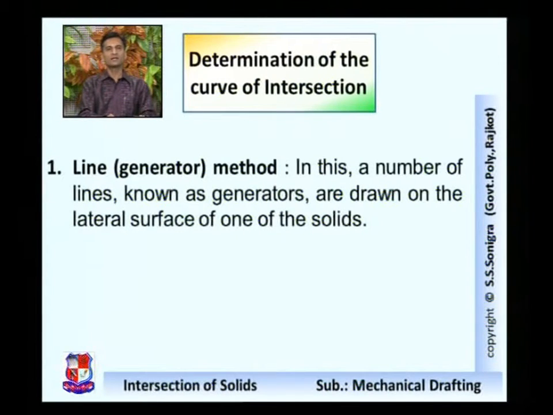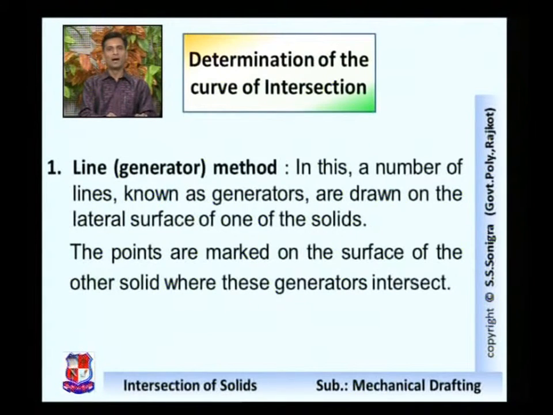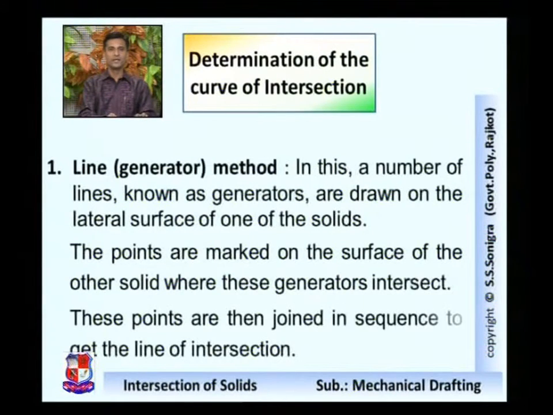We divide the circle into an equal number of parts, we find the imaginary generators, and from those generators we draw the lateral surface and then we can interpret the points. The points are marked on the surface of the other solid where these generators intersect. These points are then joined in sequence to get the line of intersection. That is the first method.